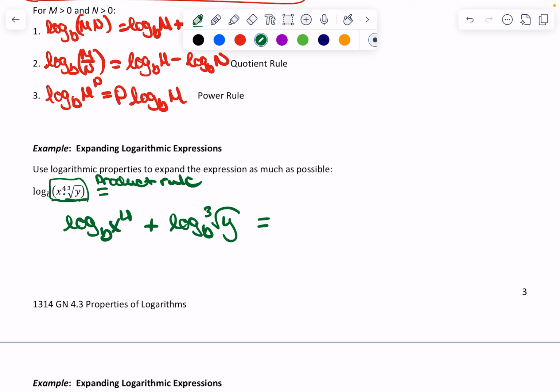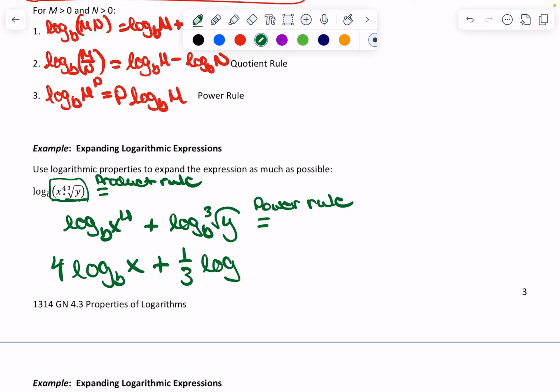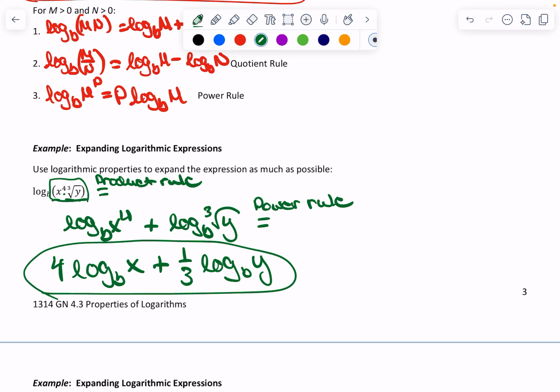Next, we have exponents here. We have a 4, so we're going to use the power rule and bring the 4 to the front: 4 log base b of x. Now, remember what we did with the cube root. We can bring the 1/3 to the front: 1/3 log base b of y. And that would be the expanded form. Again, the cube root of y is the same thing as y to the power of 1/3.